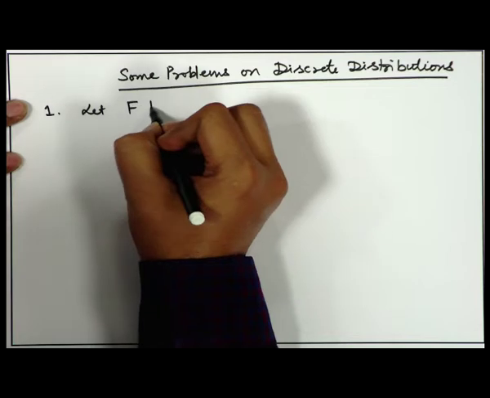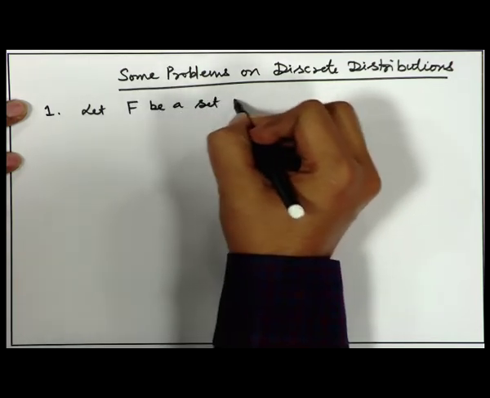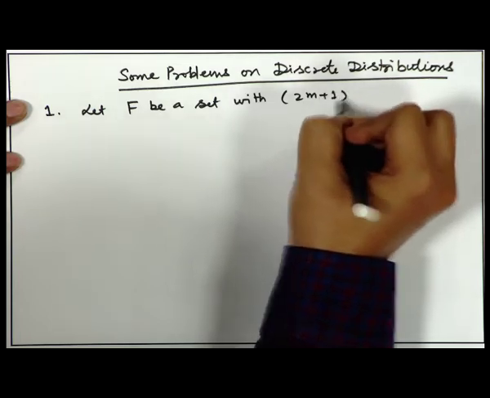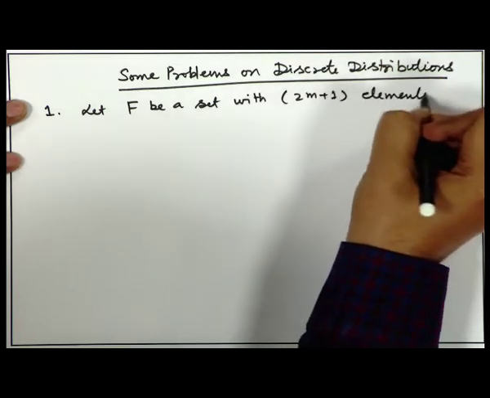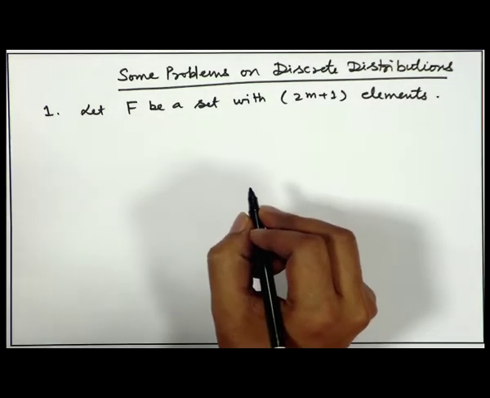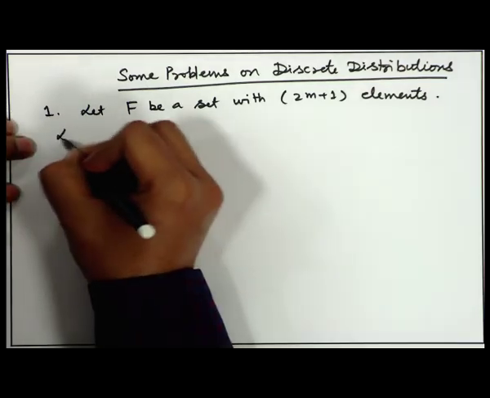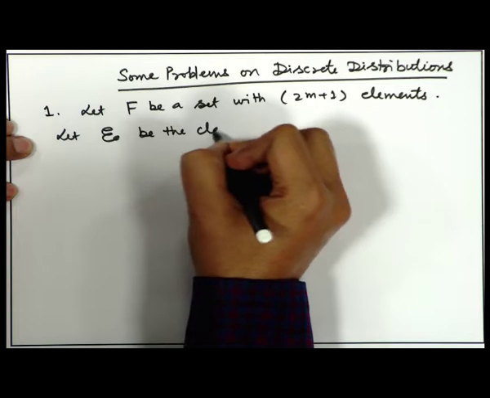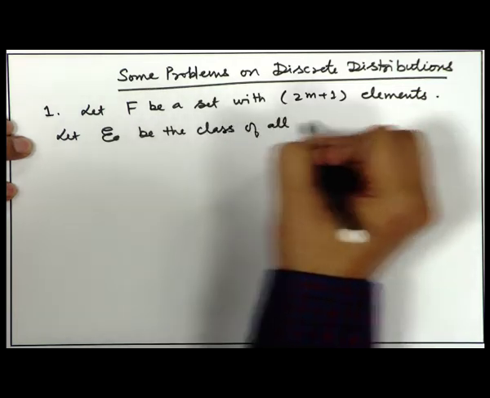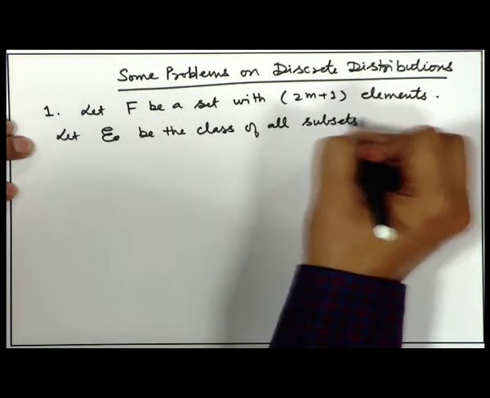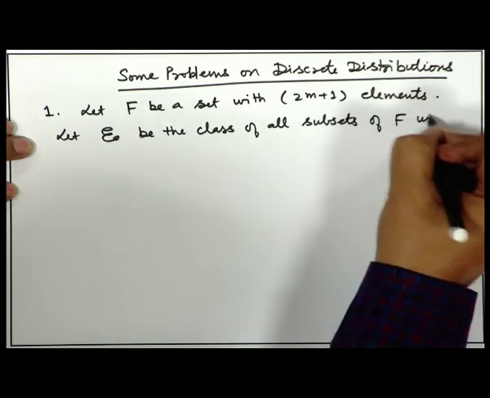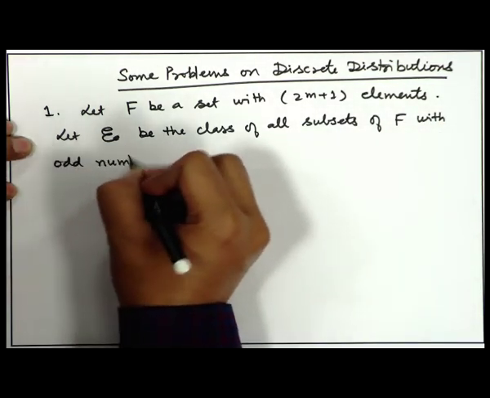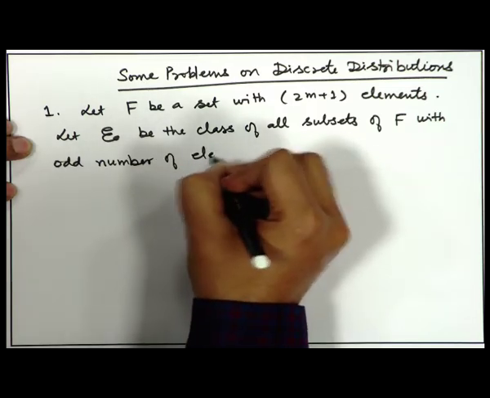Let F be a set with 2m plus 1 elements. So, there is a set with 2m plus 1 elements. Let script E be the class of all subsets of F with odd number of elements.